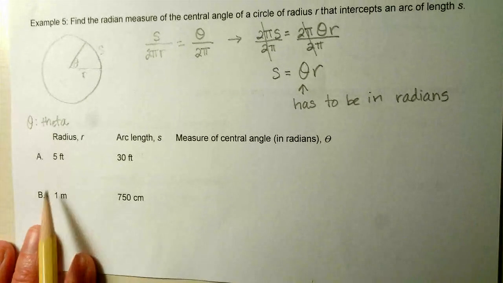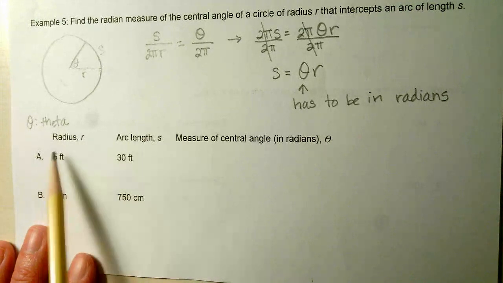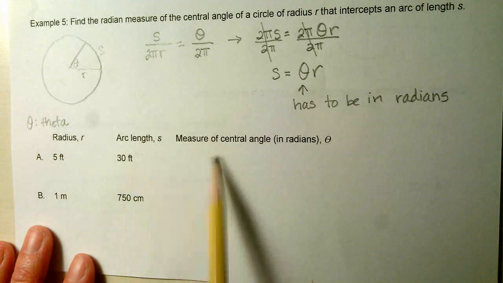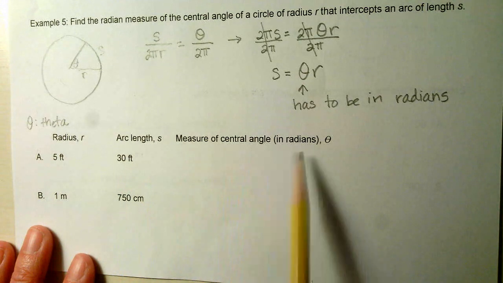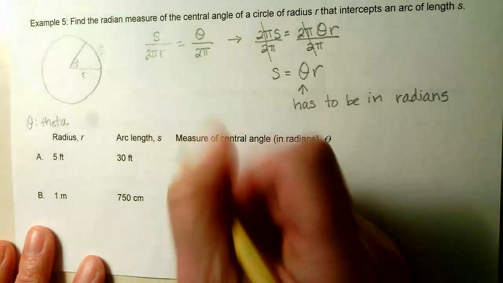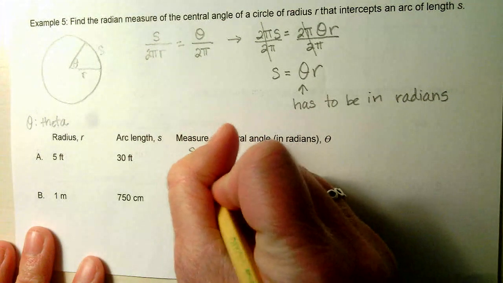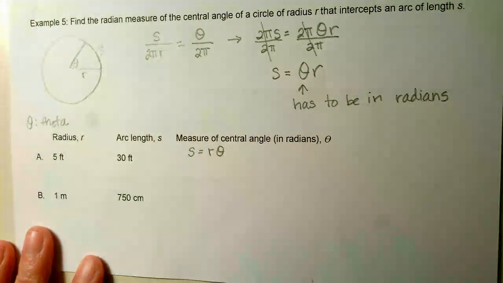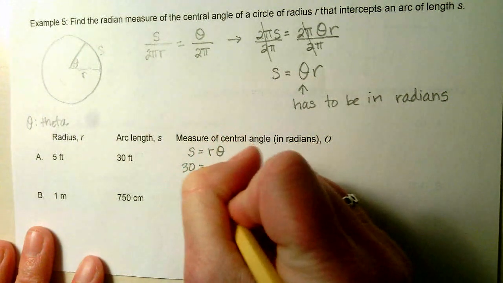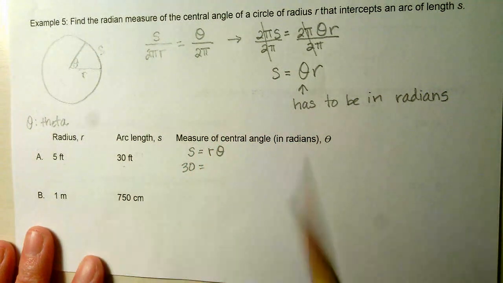So in this example, they give us the radius of a circle, they give us the arc length S, and they want to find the measure of a central angle in radians, theta. So we are going to use the formula S equals r times theta. I am going to put in 30 for S because it tells me right there that it's 30.